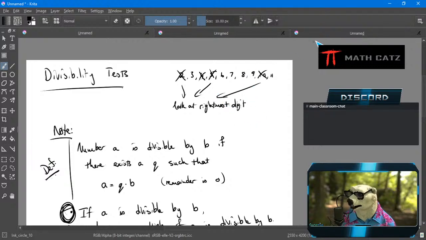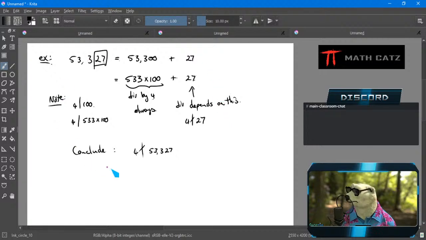8 is going to be next. Now, if I try and do the same thing for 8, I could be lucky here and maybe get the last 2 digits that are divisible by 8. Let's take a 4 here. This example is random, which is going to show the risky side of this.